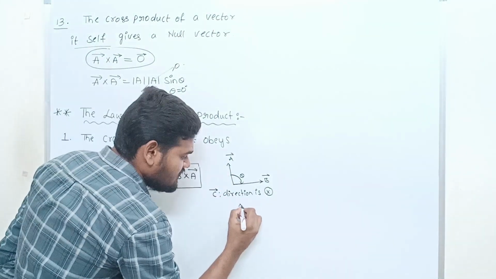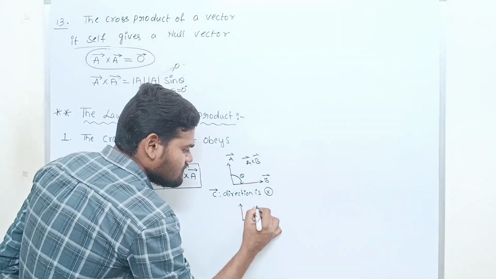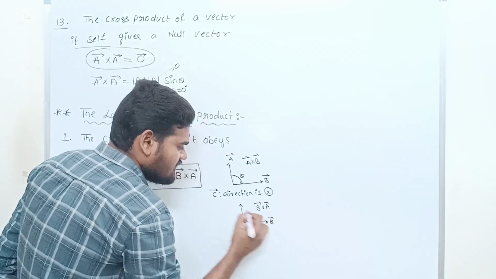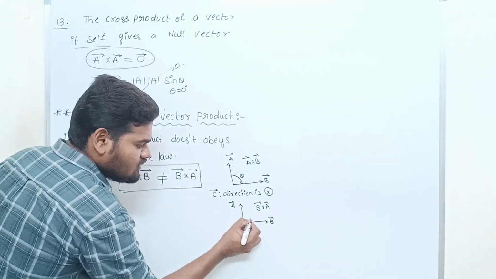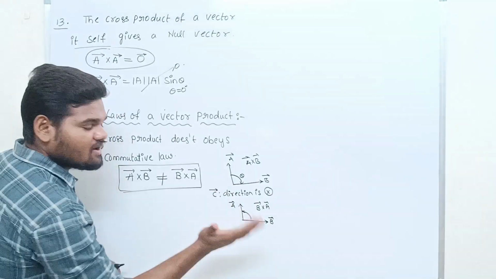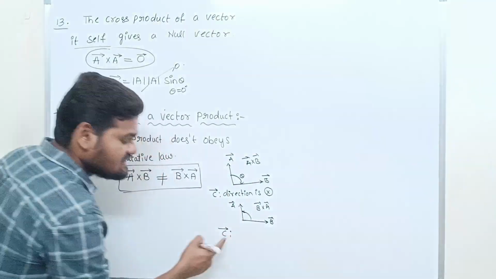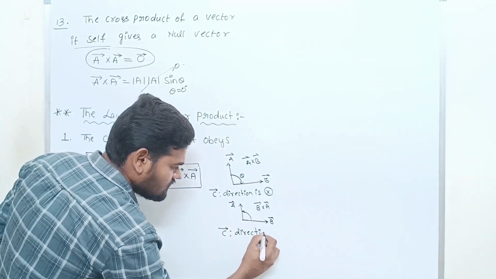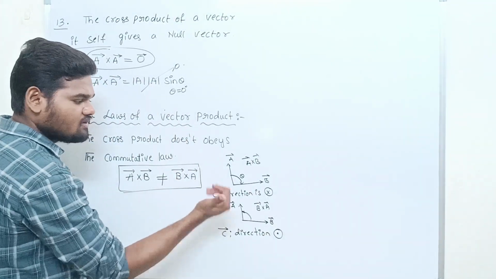If you make the cross product b bar cross a bar, from b to a, the direction of the resultant vector c bar is outward from the plane of the board.